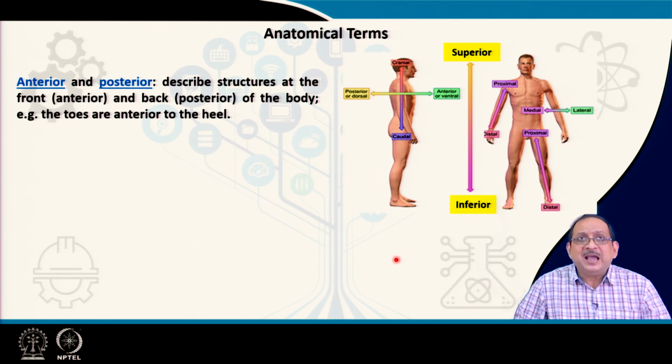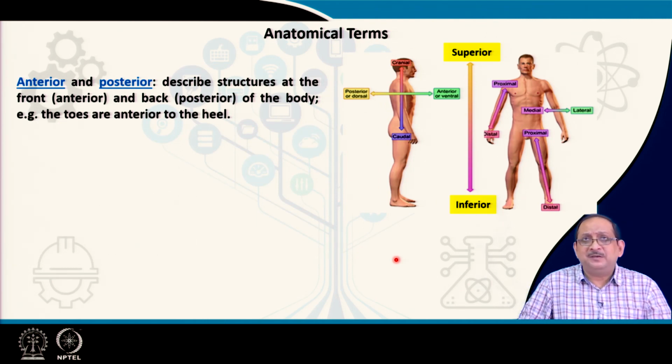Now, the anterior and posterior directions are used to describe structures towards the front, that is the anterior side, or towards the back, which is designated as the posterior side of the body. An example is that the toes are anterior to the heel.